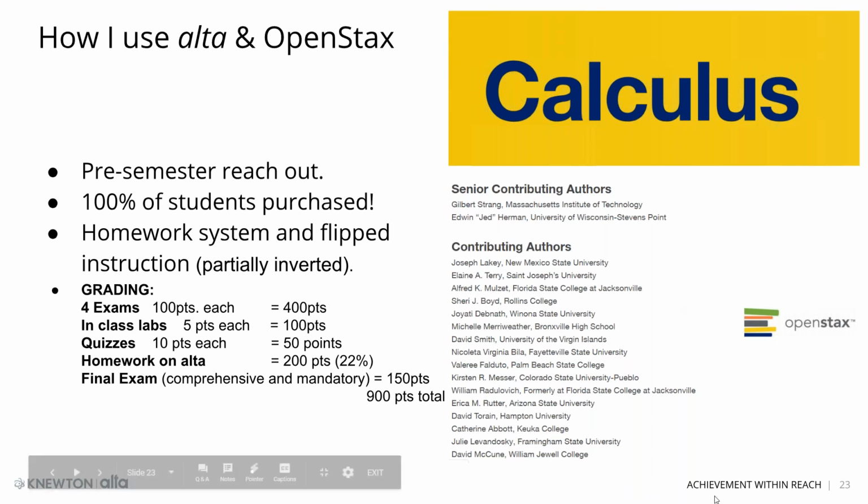Last semester, I was teaching 5 classes with Alta, and 100% of my students were able to purchase. That was a vast improvement from just a handful of students being able to purchase to 100% of my students.